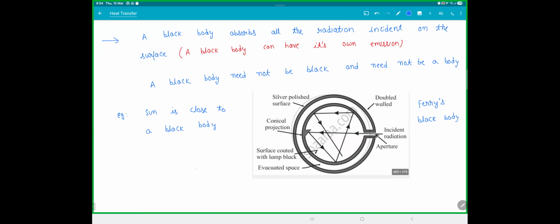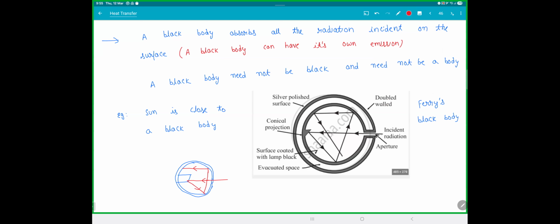You have a double-walled body, I'll just draw one more picture here, with a small hole. The idea here is whatever light ray you send into this hole will just keep on bouncing inside and it will never come out. It will get absorbed eventually, right?